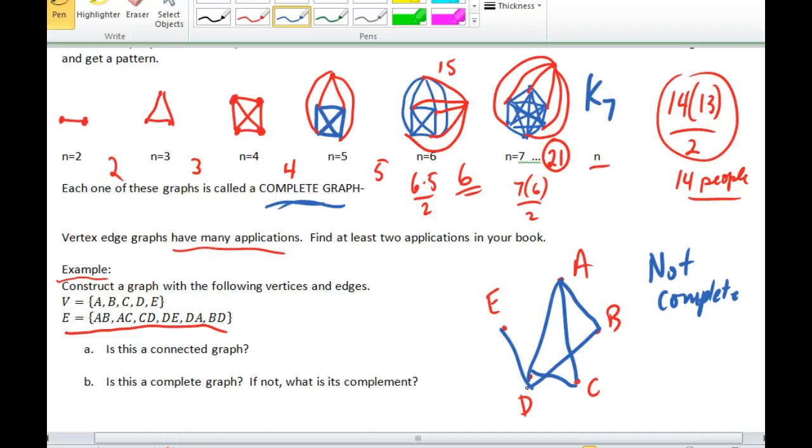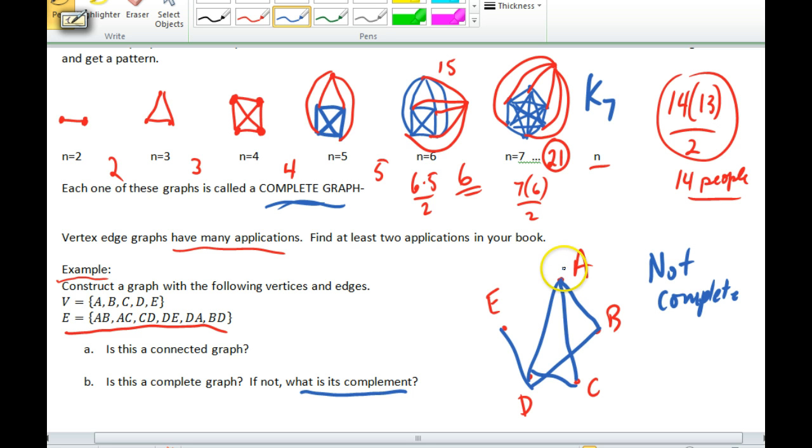Now, what we might say is that if it's not a complete graph, what is its complement? When we talk about the complement, it is the edges that would be put in to complete the graph. So in other words, in this case, with the handshake example, we would say, who has not shook a certain person's hand? And that's what we want to look at. So E has not shook A's hand.